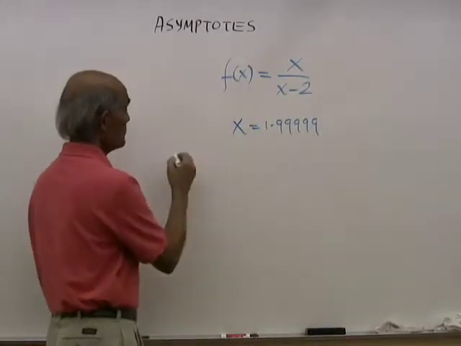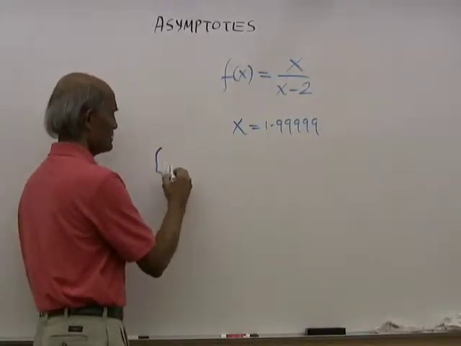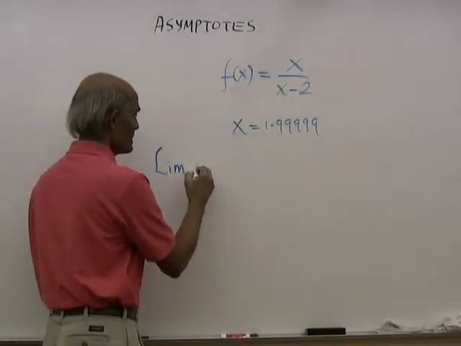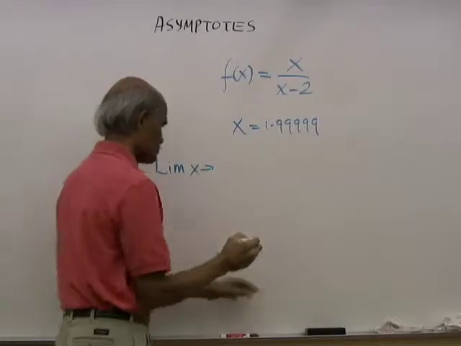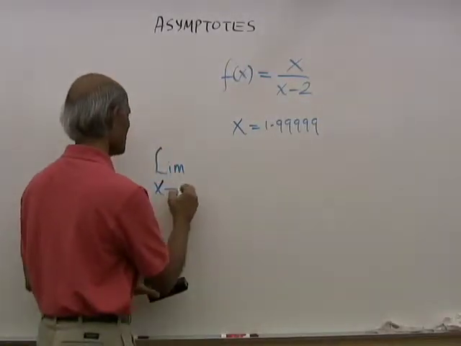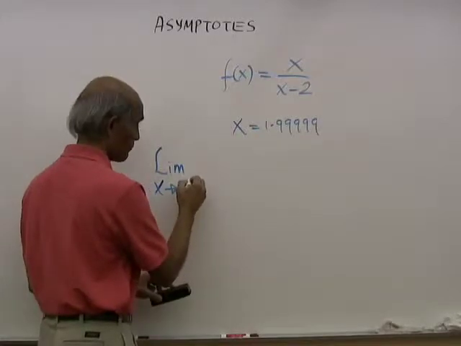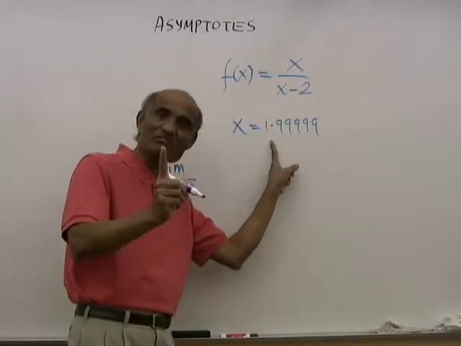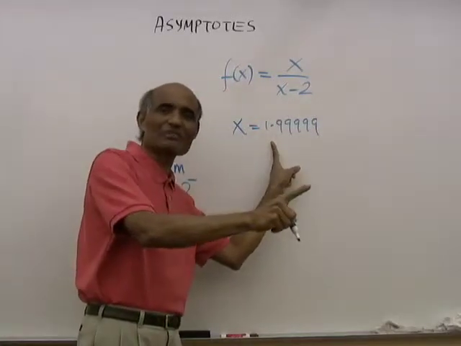Now, this is the way we normally write it. We talked about limits in our first class. Let's write it the proper way: limit as x approaches 2 from the left, because 1.9999 is a value left of x equal to 2.